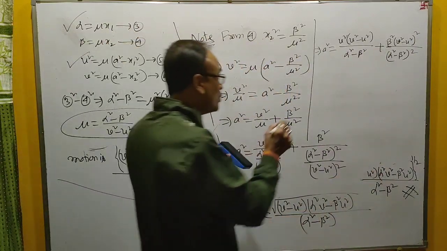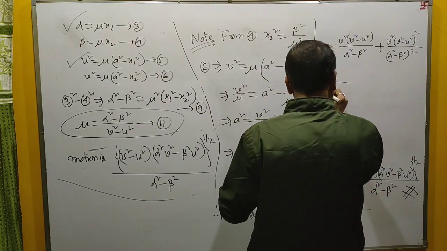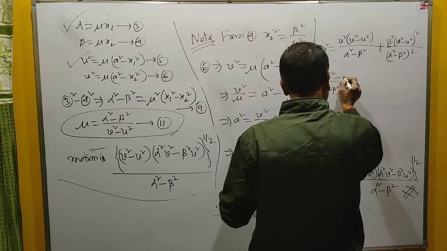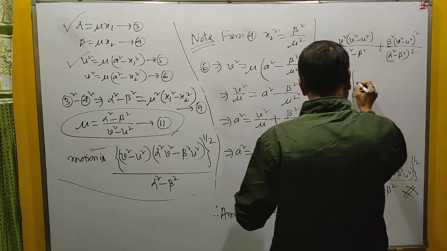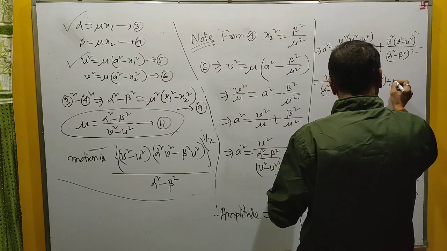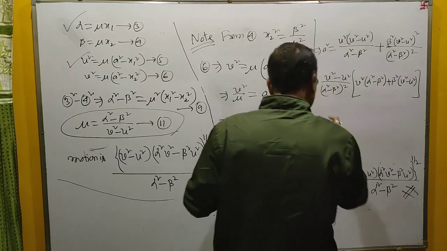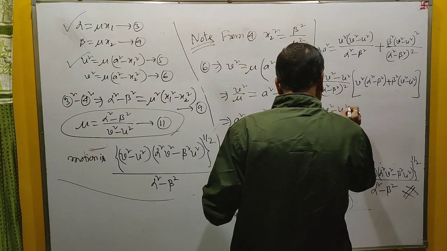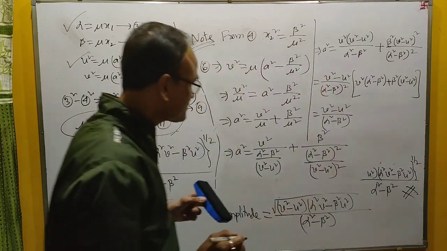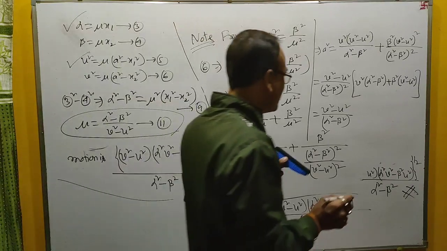You may write like this, which is equal to v square minus u square divided by alpha square minus beta square whole square, into v square into alpha square minus beta square plus beta square into v square minus u square.